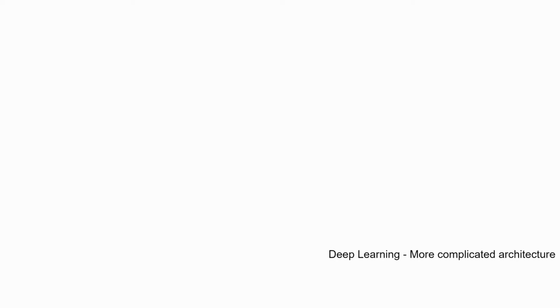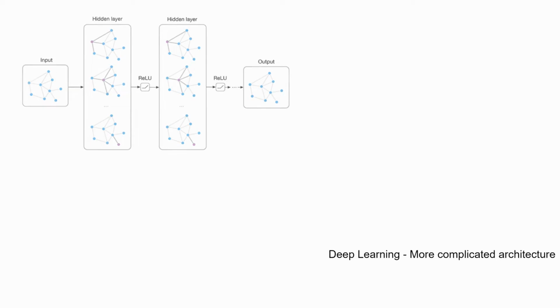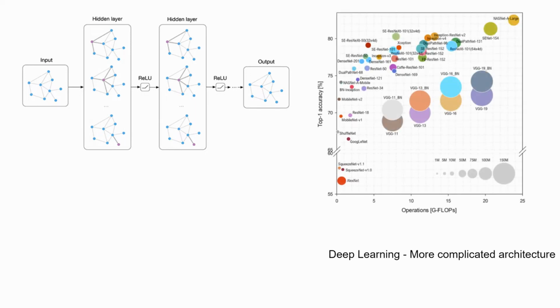First, the structure of deep learning models is much more complicated than traditional machine learning algorithms. It mimics the neurons in the human brain, where each neuron performs a simple functionality and tons of them together can achieve very complicated tasks. The number of neurons and the connections between them has become more and more complicated in recent years. This diagram shows commonly used deep learning model architectures and how complex they are.